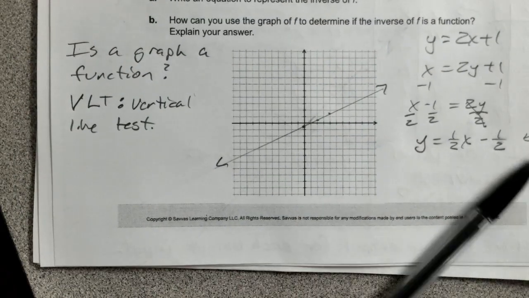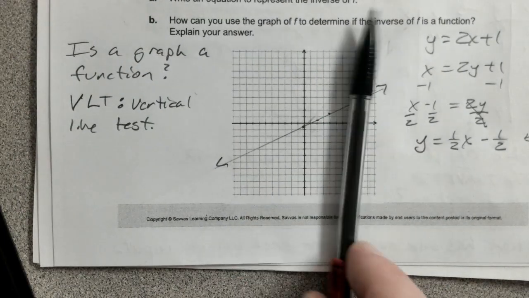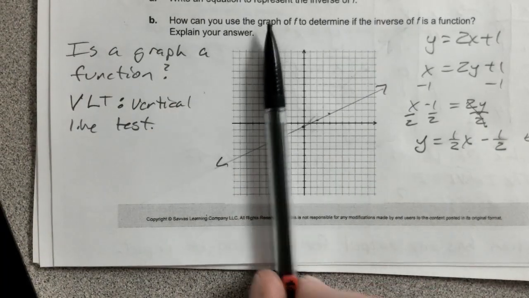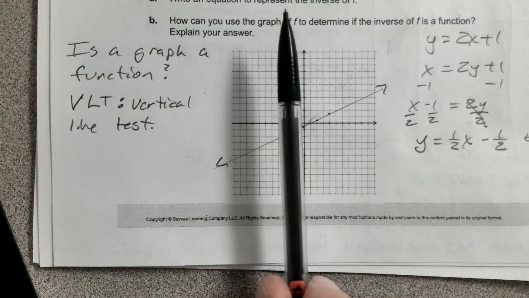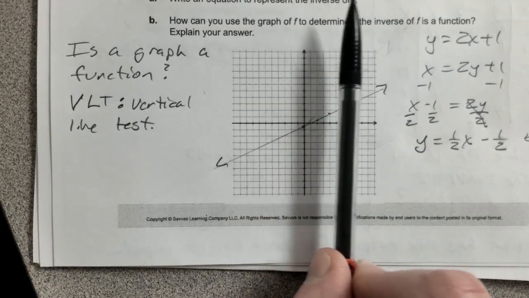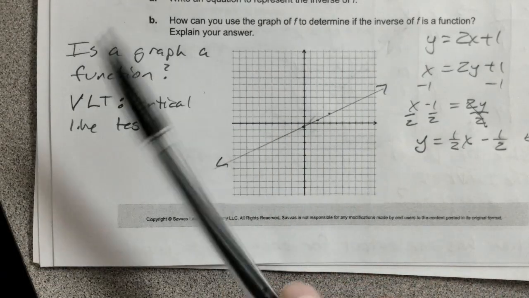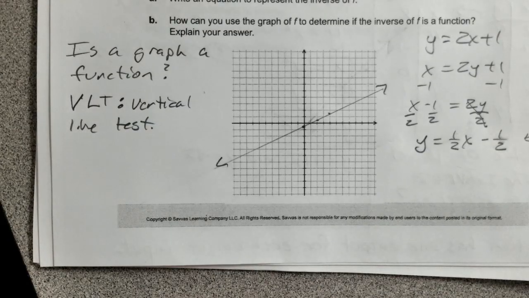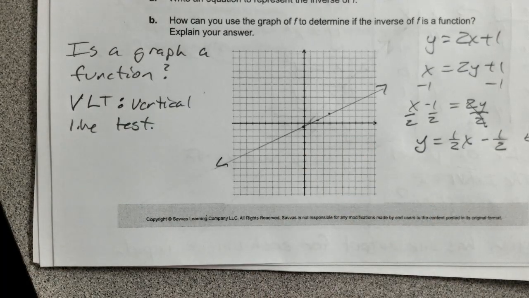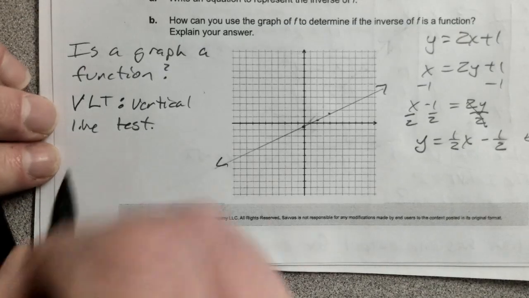If any vertical line crosses a graph twice, it's not a function. So is there a vertical line that I can draw on this graph that will cross that line twice? No. So is this a function? Yes.